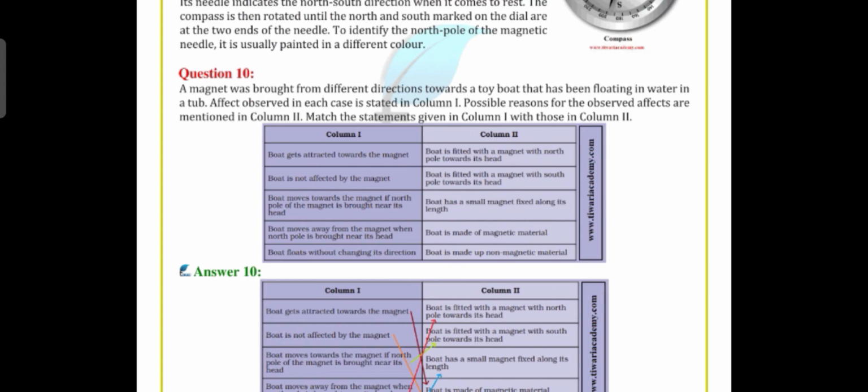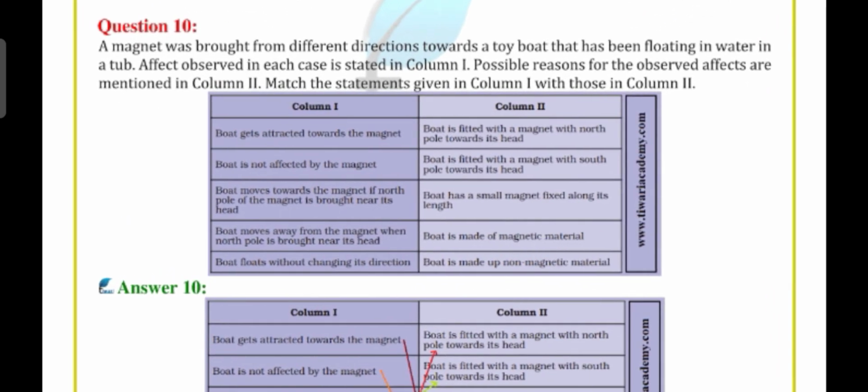Match the statements in column 1 with column 2. So we are taking a toy boat floating on water, and we are placing a magnet in different positions. By observing the changes taking place, we want to find out the position of the boat and magnet.